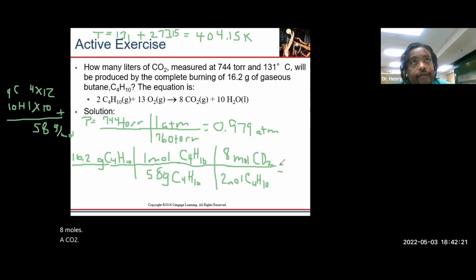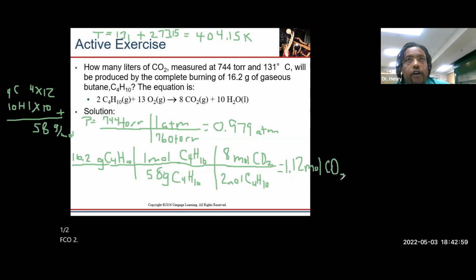It's going to do the heavy lifting for me. Repeat that, please. 1.12 moles of CO2.